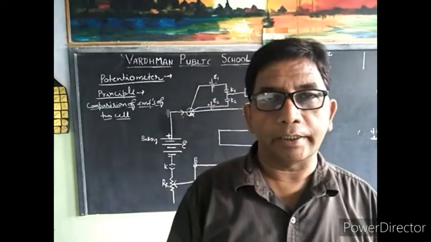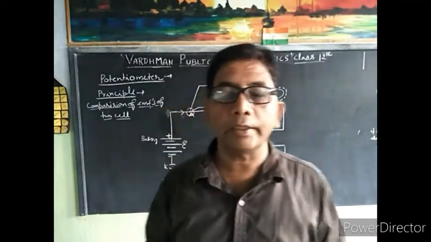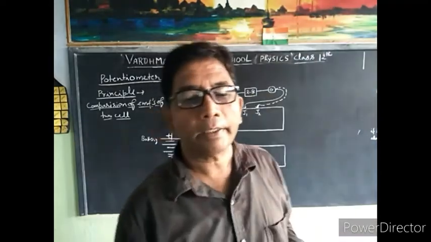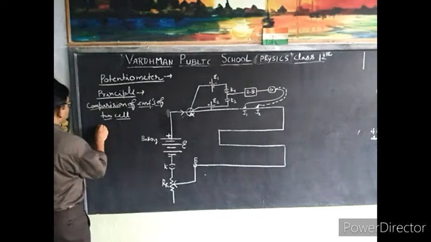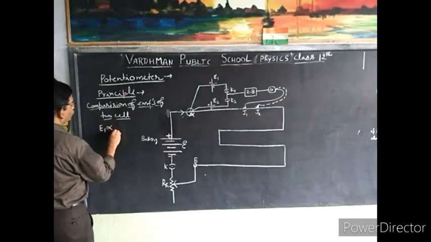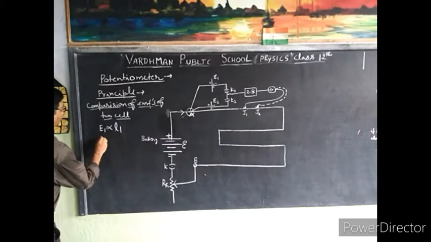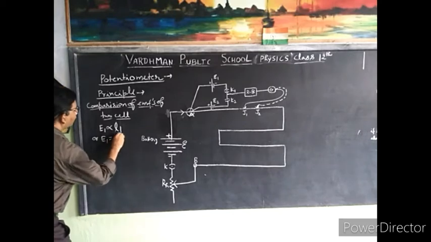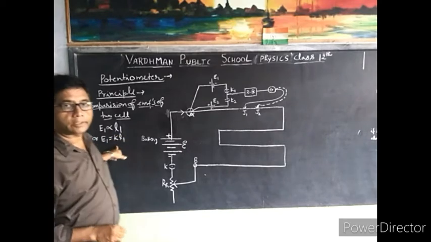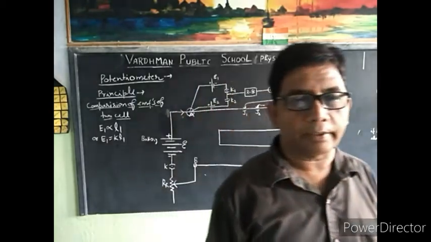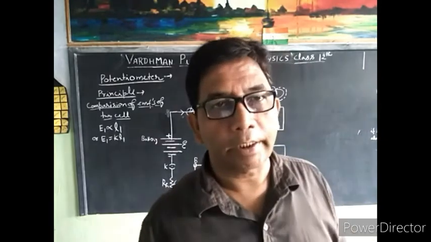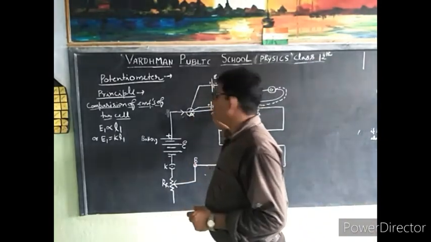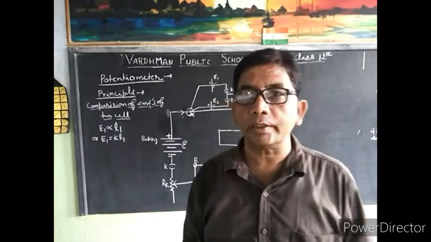If K is the potential gradient along the wire AB, then at the null point, E1 is proportional to L1, or E1 is equal to KL1, where K is the potential gradient. This is my first equation. Now close the key K2, then cell E2 comes into the circuit.